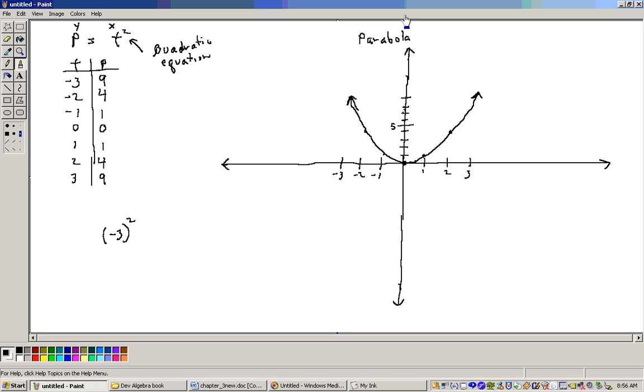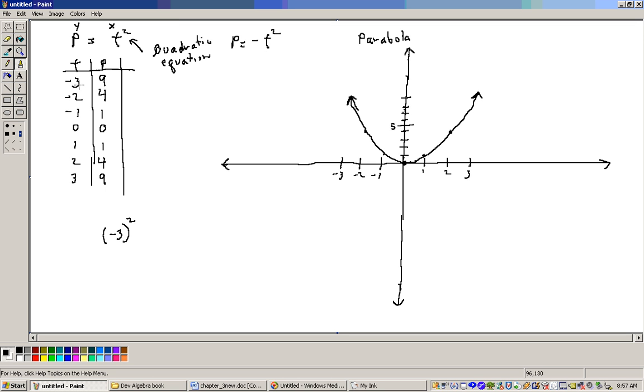Let's go ahead and graph the next one. The next one we're going to graph is p equals -t squared. Okay, so I got the same points in here. I'm going to plot the exact same points.